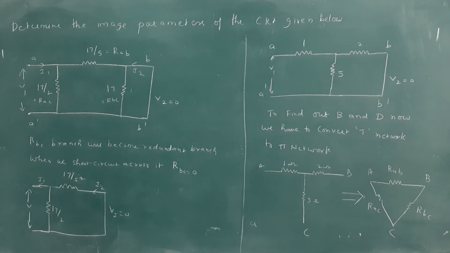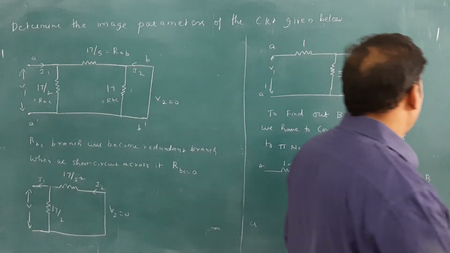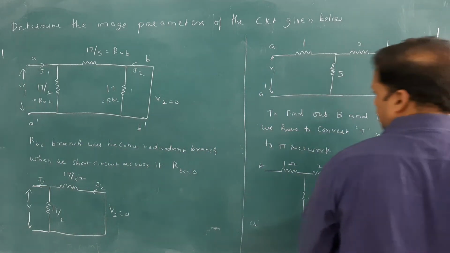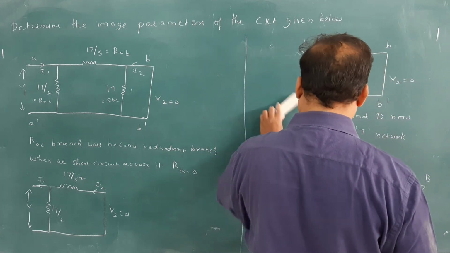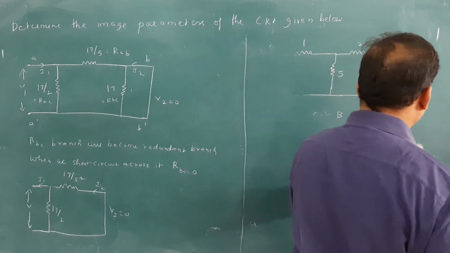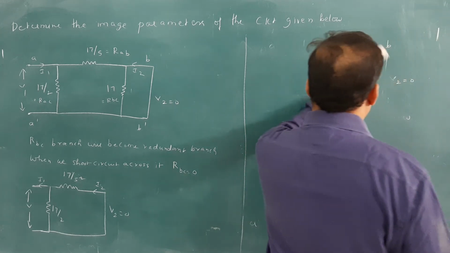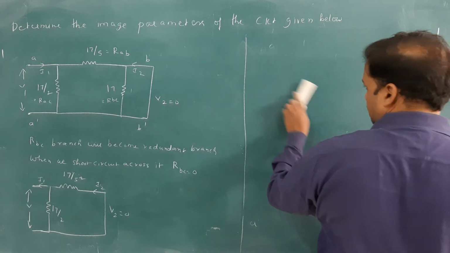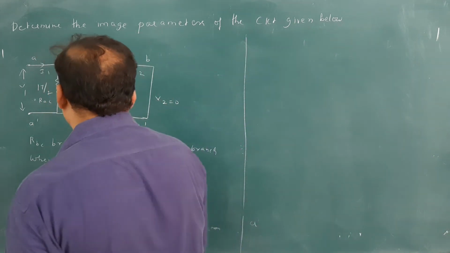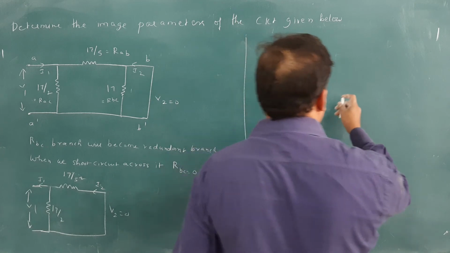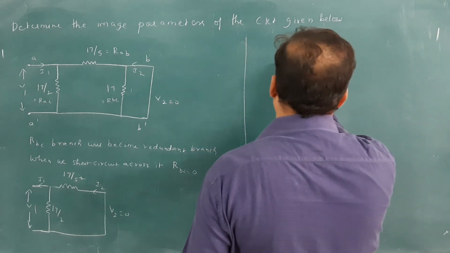So what we do here is we will find out the parameters B and D. This is V1 and V2 now. Now what we have to do here is to find out this particular I2 value.